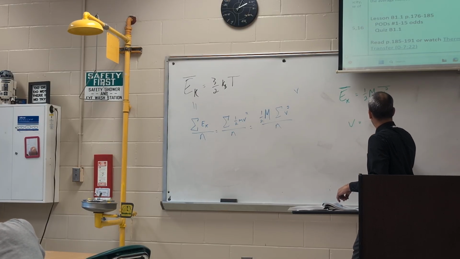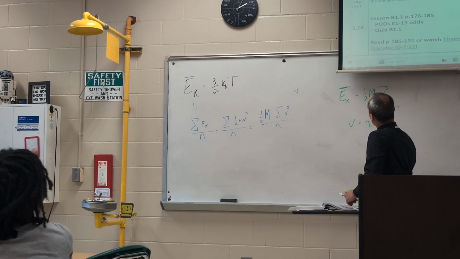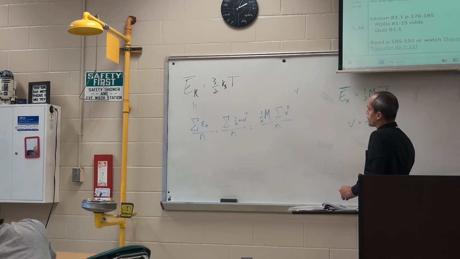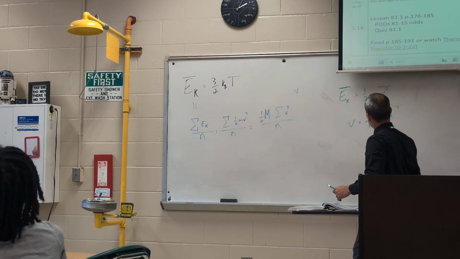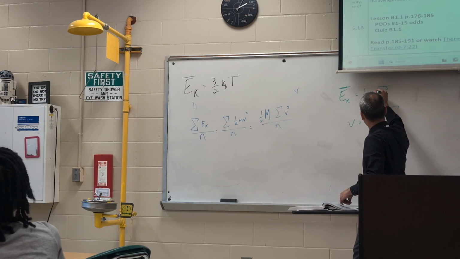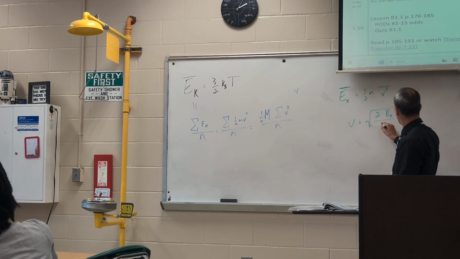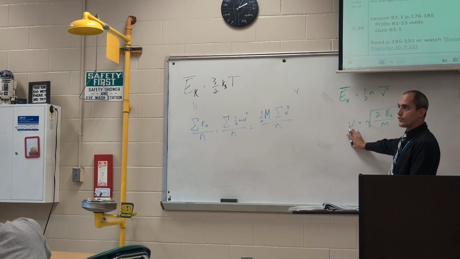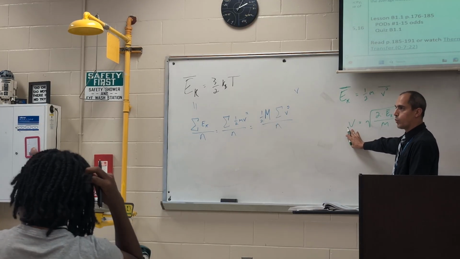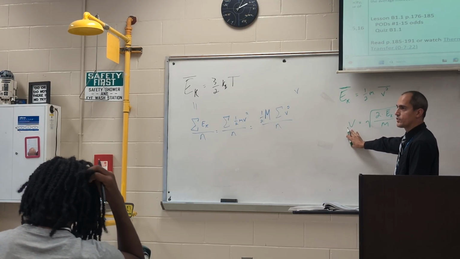So v is equal to the square root of 2 times the average kinetic energy divided by, actually the mass would be the small mass of the particle. I apologize, that should be small m. It's been a long day, y'all. Sorry. So this would be the average speed of one of the particles in that substance.